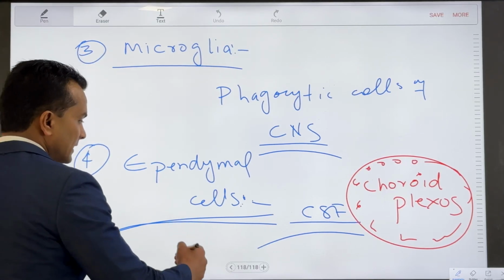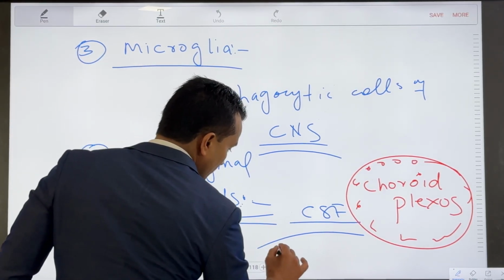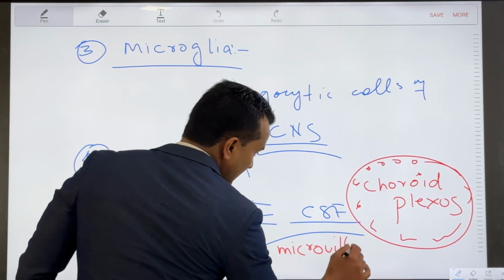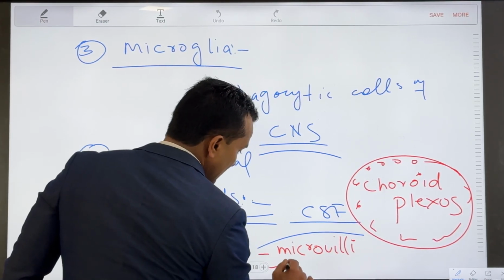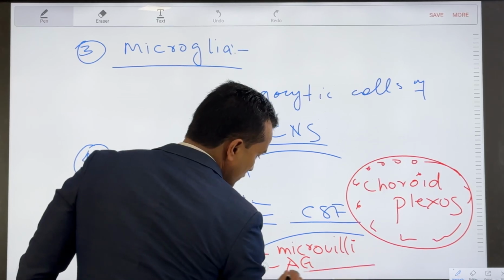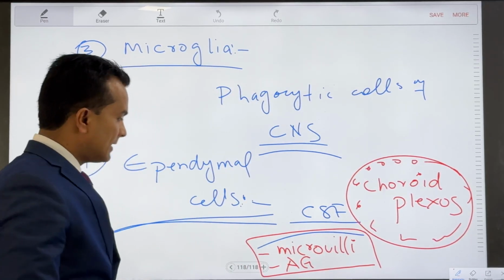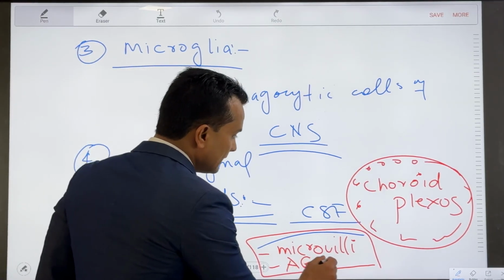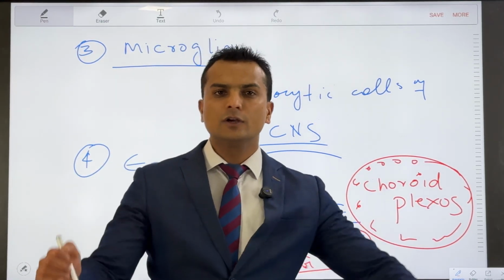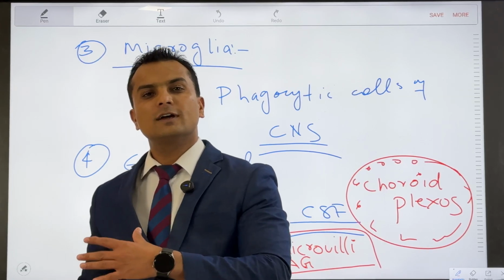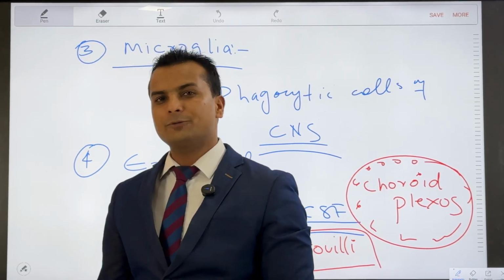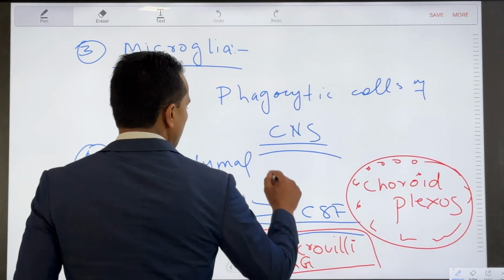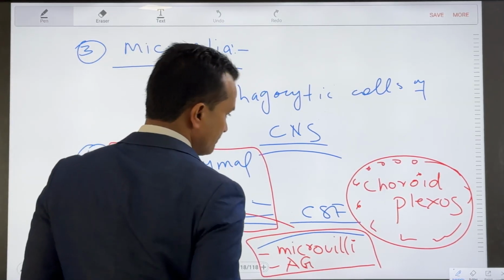And these cells also have subtypes like microvilli, or arachnoid granulations, which help in absorption of CSF. So whether it is production, transportation or absorption of CSF, who is responsible? Ependymal cells. Remember this please.